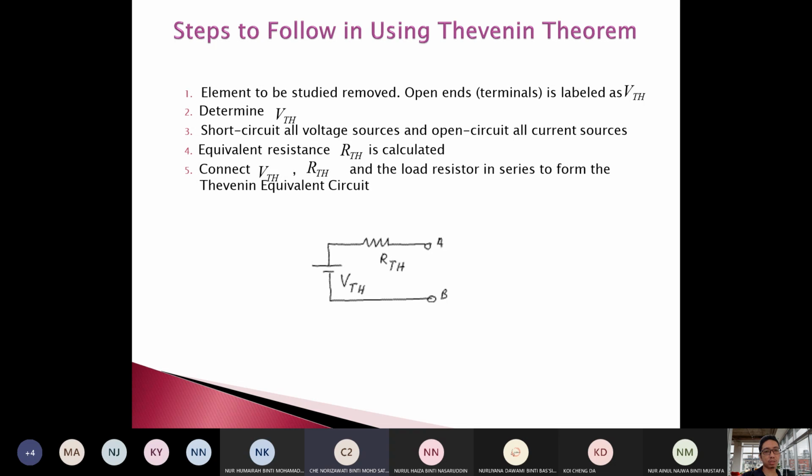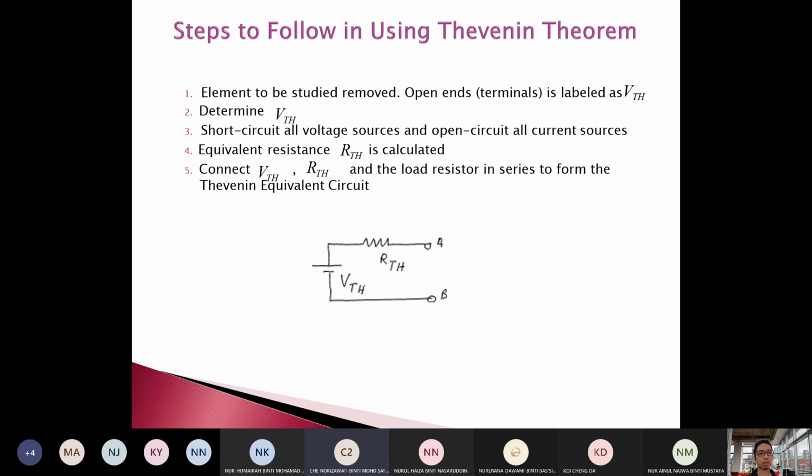Short circuit all voltage sources and open circuit all current sources. If it is a voltage source, we short it. If it is a current source, leave it open.